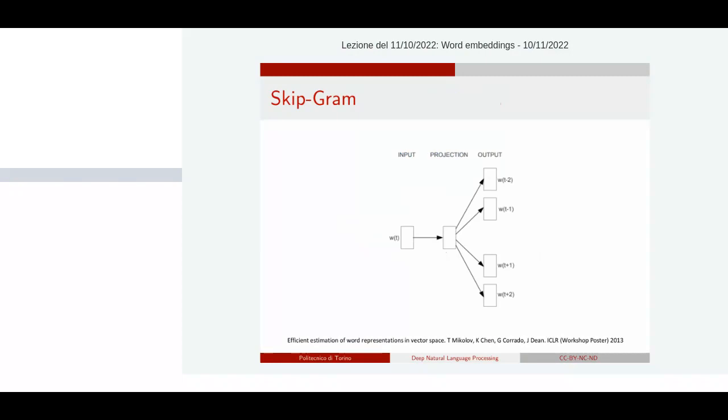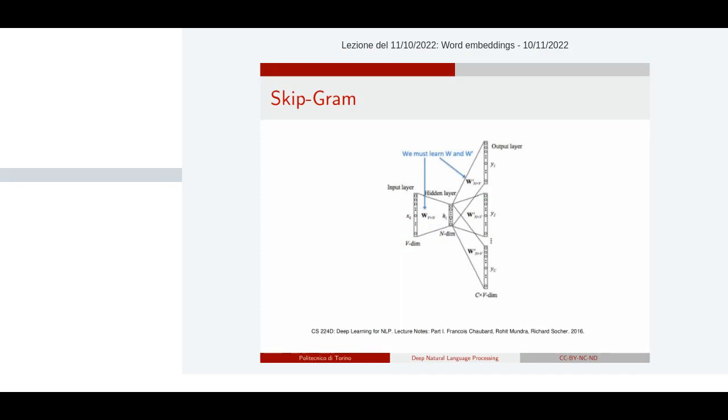Here is the architecture of the network, which is quite simple. It's not a deep architecture. You have one input, and here we have 4 outputs because we have a contextual window including 2 preceding words and 2 subsequent words. Okay, so 4 outputs corresponding to the 2 preceding and the 2 subsequent. Here is a more detailed representation of the architecture, where the input vector has dimension V, which is the size of the vocabulary.